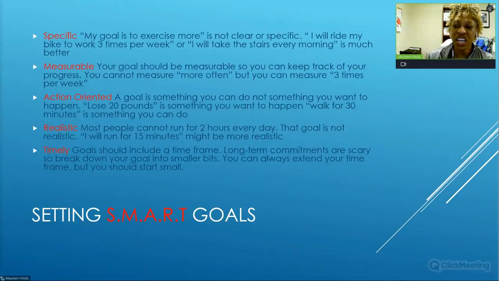So most people really cannot run 2 hours every day. I mean, not most people anyway. So that might not be a realistic goal for you, but maybe something like 10 to 15 minutes daily or 10 to 15 minutes twice a day might be more attainable or realistic for your present state.